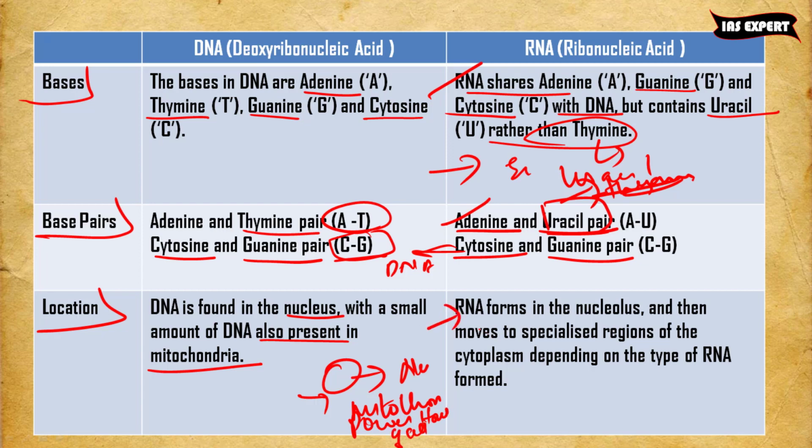Coming to RNA, RNA forms in the nucleus and then moves to specialized regions of the cytoplasm depending on the type of RNA formed. This is the location of DNA and RNA.